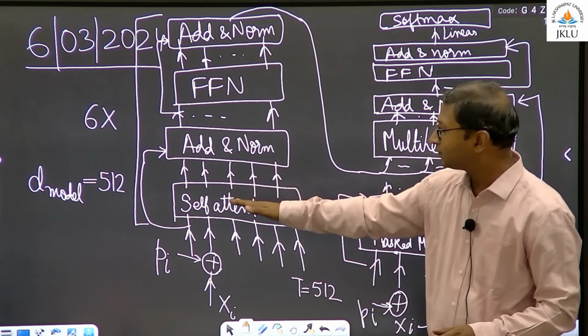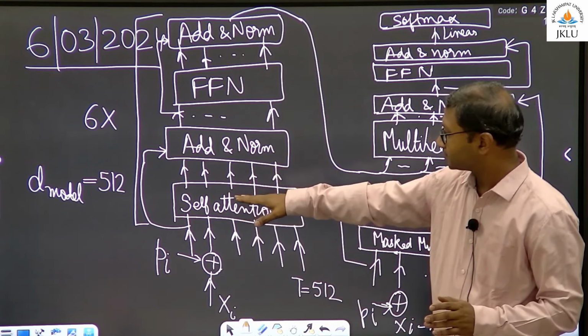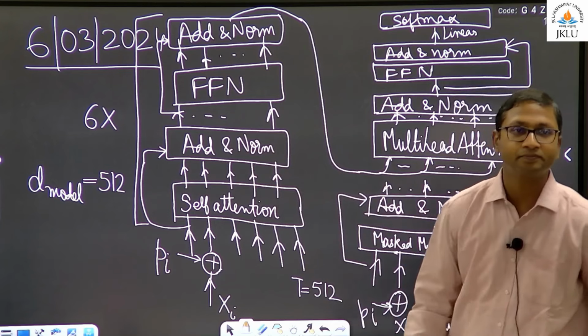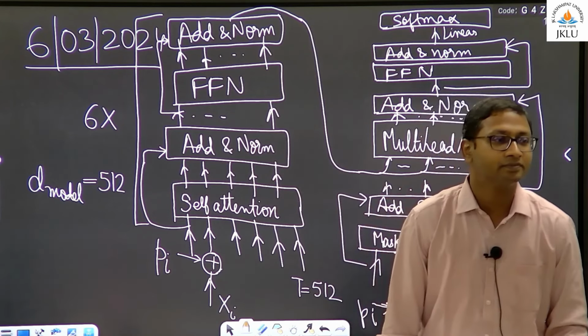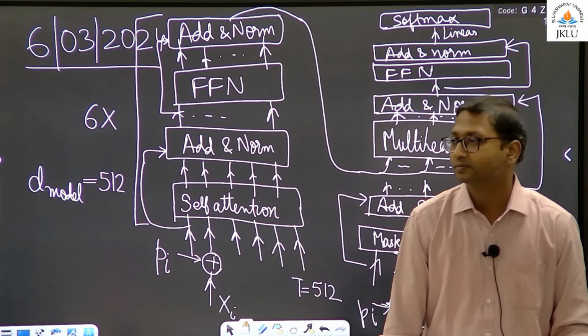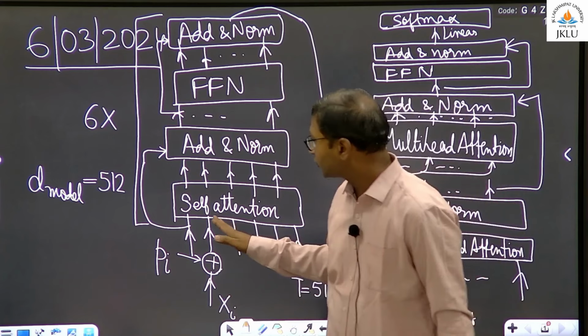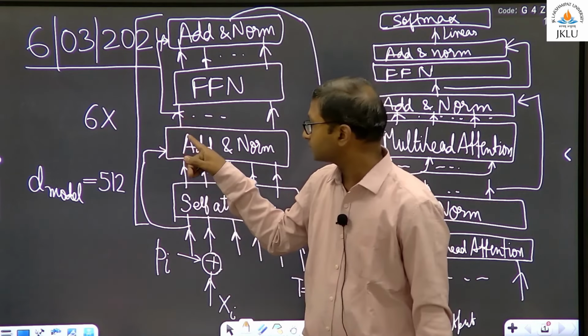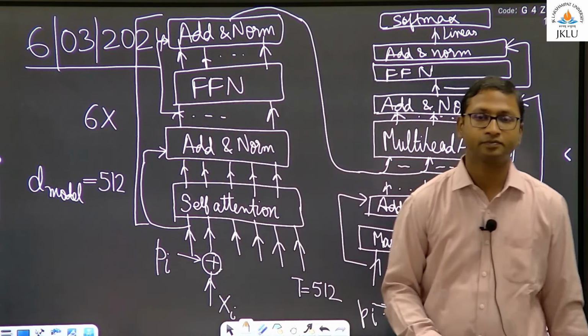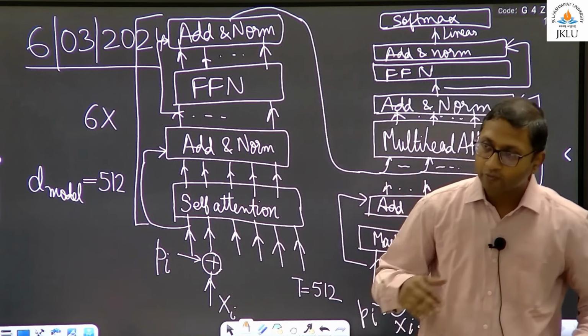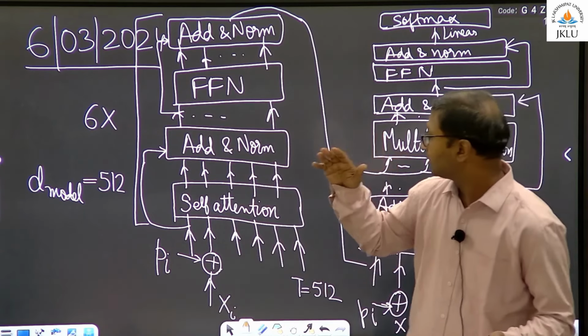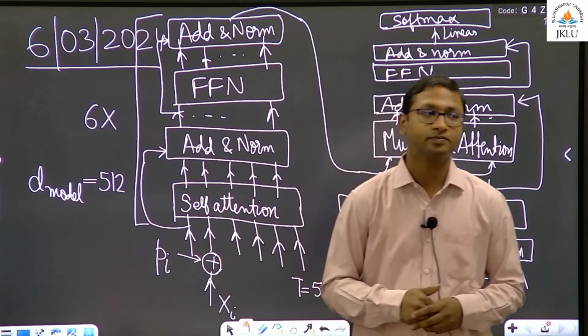In which case would you keep these skip connections? When you have too many layers. Do we have too many layers here?